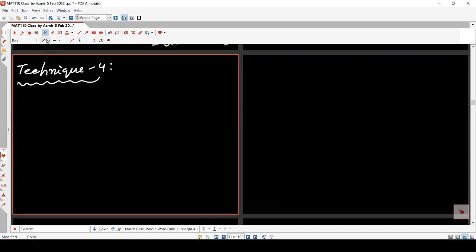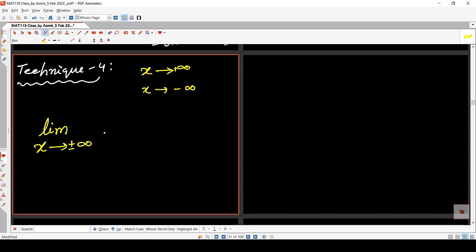Sometimes we may have x tends to infinity, plus infinity, or x tends to minus infinity. That means the limit has the form x tends to a, where a is plus infinity or minus infinity.